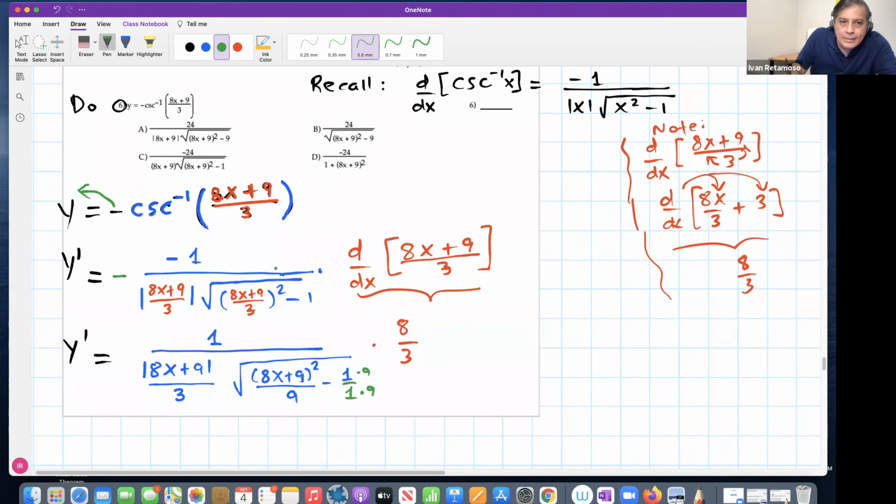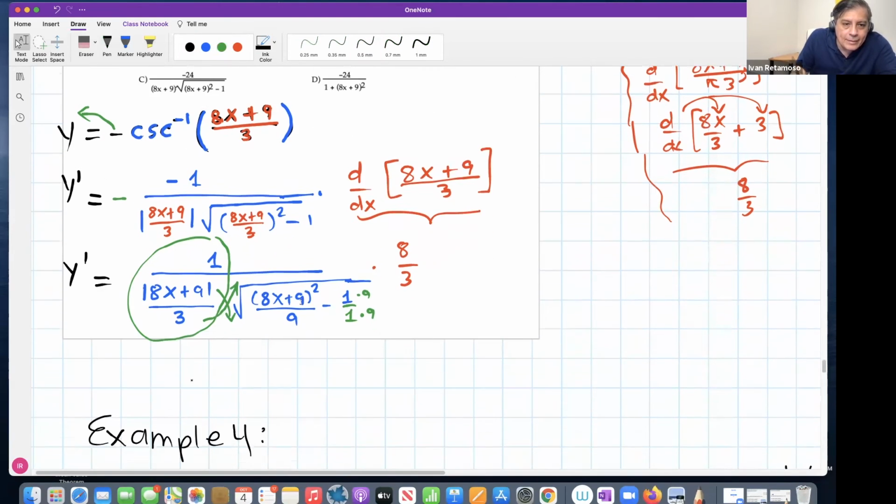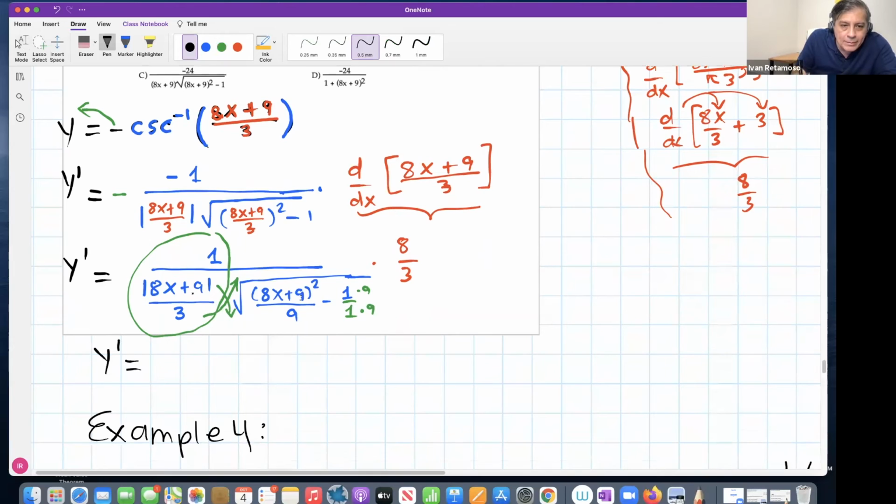Now, remember, when we divide 1 by a fraction, we are supposed to flip the fraction on the bottom and multiply by 1. The result of doing that is going to be just this. Y prime will be equal to 3 on the top and this one on the bottom.